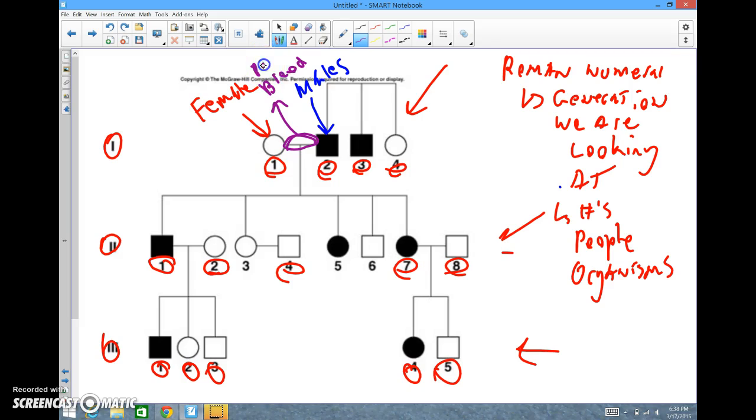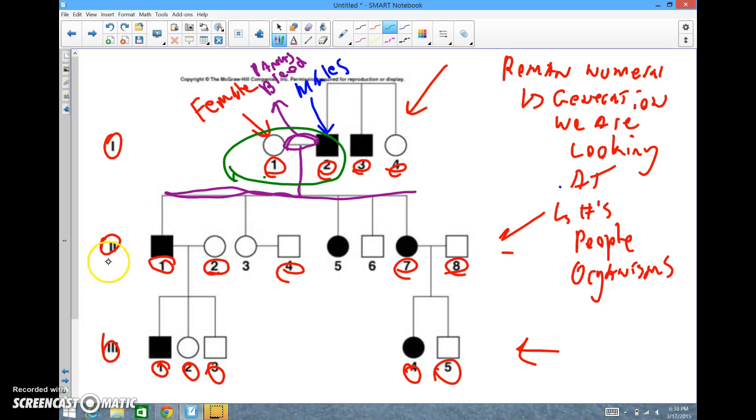So they are parents, and they are parents of everything that comes off that line.